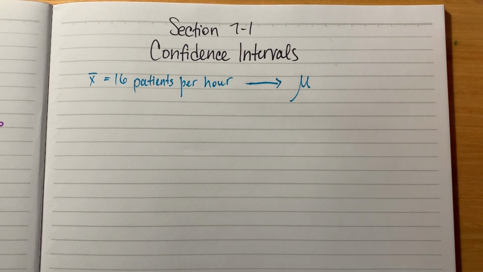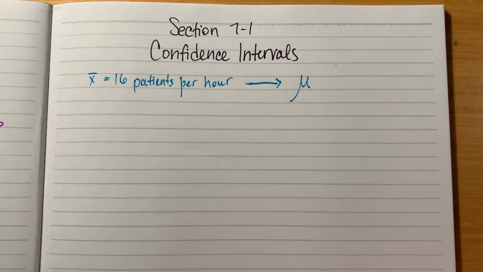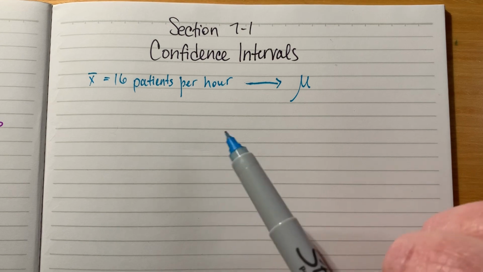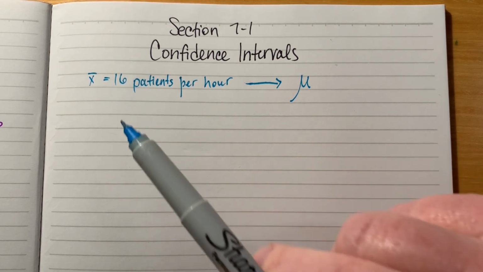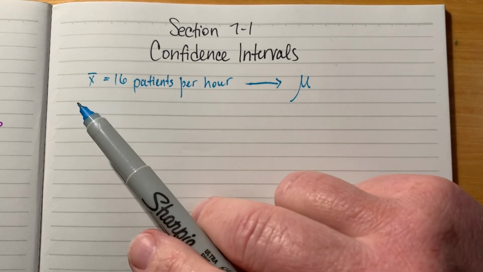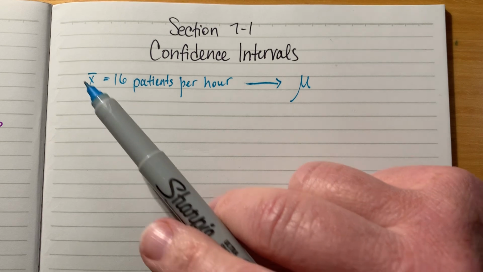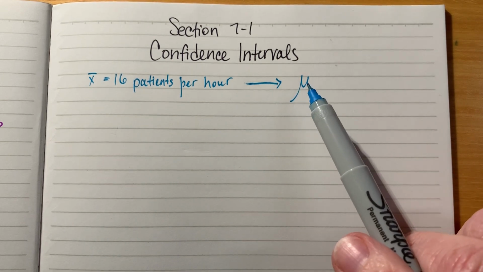It might differ a lot. It might differ a little bit. But I do think that it should be in this vicinity, because I have here some kind of an estimator, and this estimator is probably a good estimator for the mean.